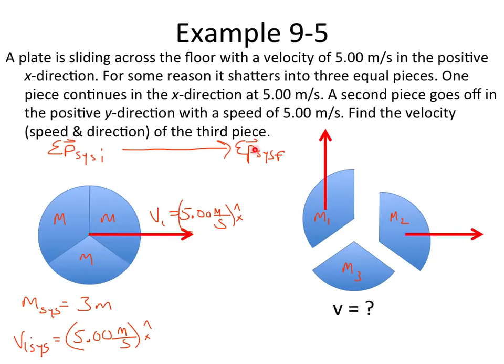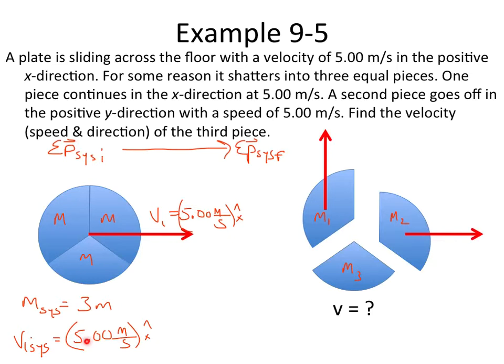Down here at the bottom, I have this marked as 5 meters per second x hat. But I want to change something. Because we don't know these masses, we're just calling it m. Let's combine the mass and the velocity. Let's just call this 5.00 v.